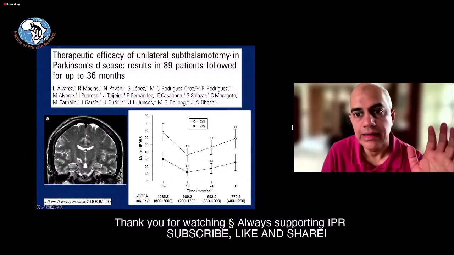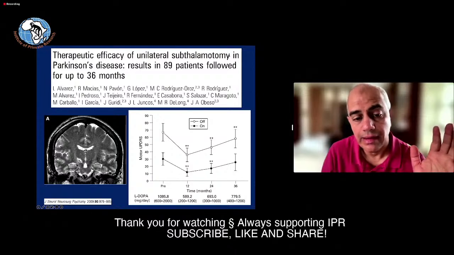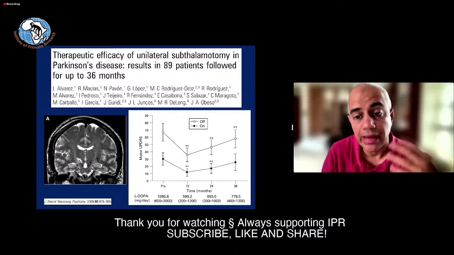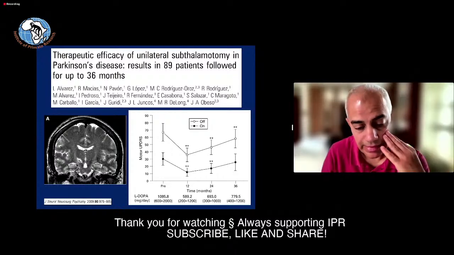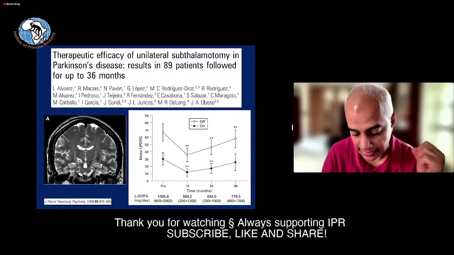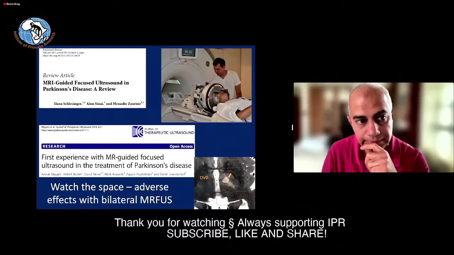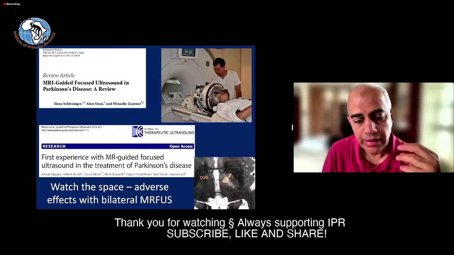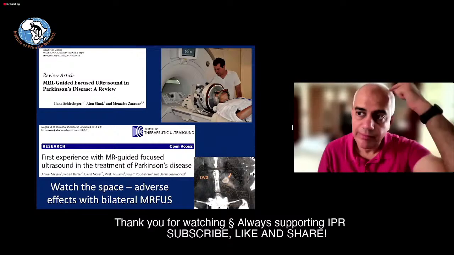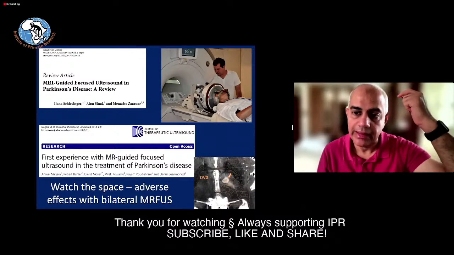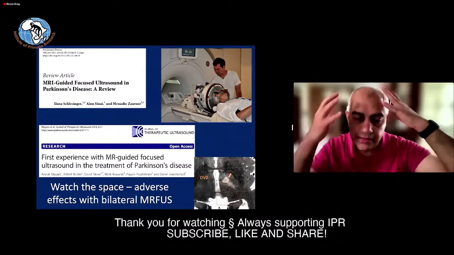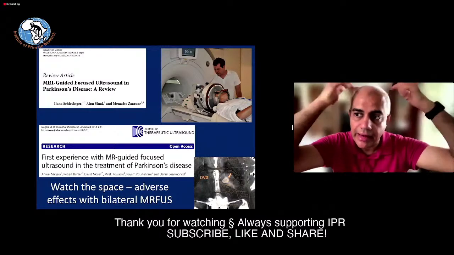So there's a greater risk of side effects, and there is also a lack of reversibility of this procedure. But a more refined way of doing this is, instead of putting probes in to make the lesion, you can do the lesion using MRI-guided ultrasound.